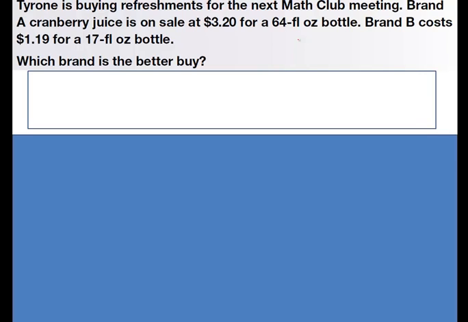Okay, so step one is to calculate how much brand A cranberry juice costs. And the way you're going to do that is you've got $3.20 for 64 fluid ounces.